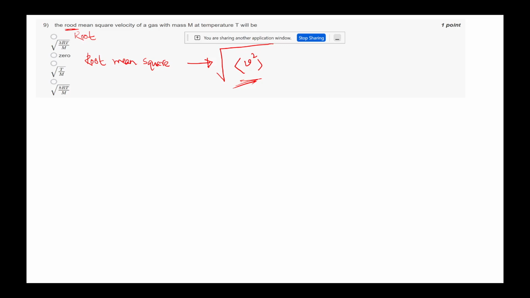From the previous thing we can do this, right? Because this is mathematics. Here also the velocity means the same thing as the speed.